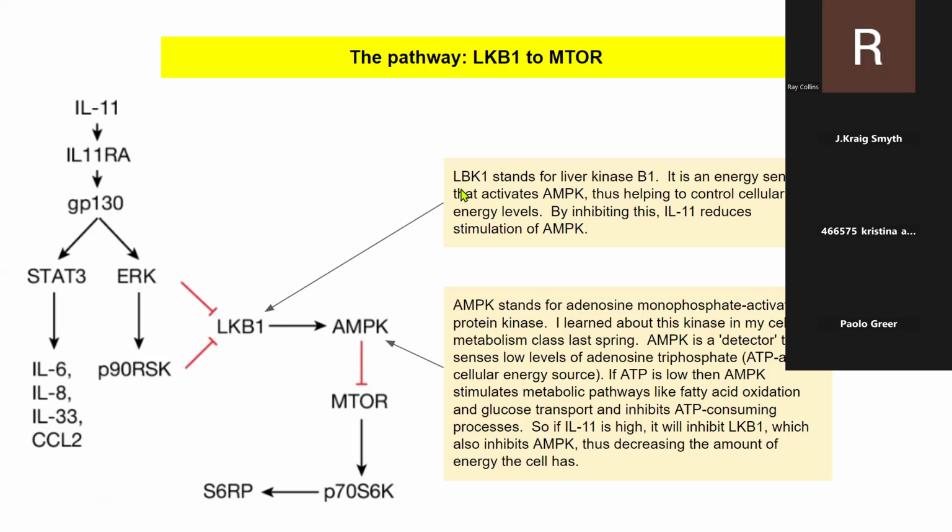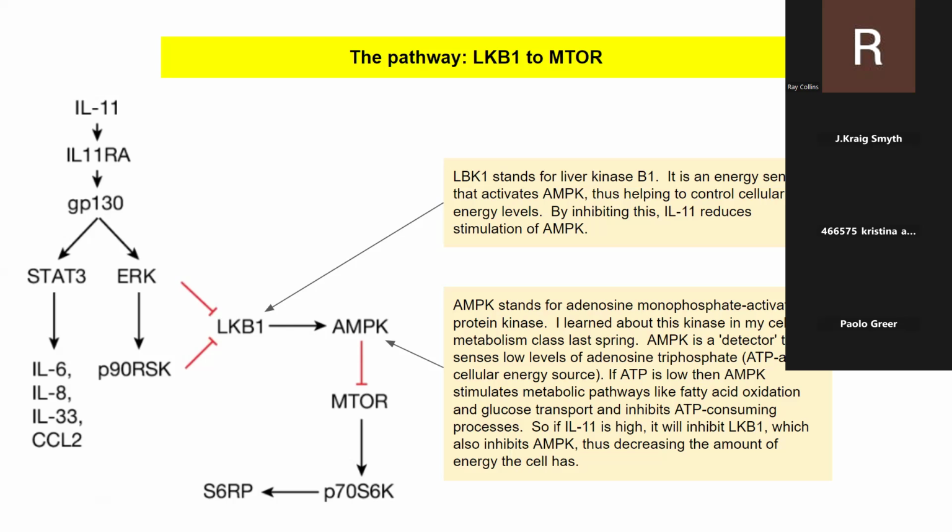So LKB1 stands for liver kinase B1, and it's an energy sensor that activates AMPK, which is a key source of energy for the cell. And by activating it, it increases cellular energy levels. So by inhibiting this, IL-11 reduces stimulation of AMPK.